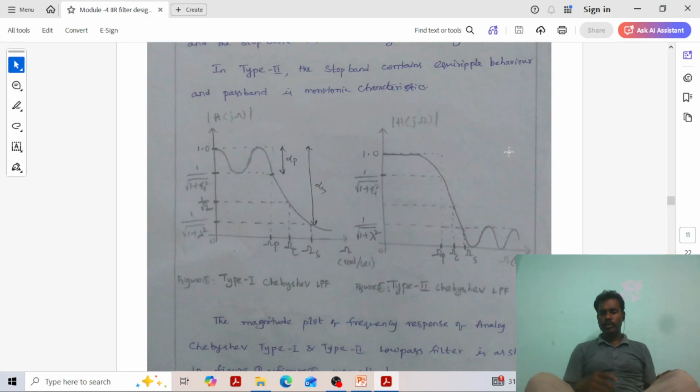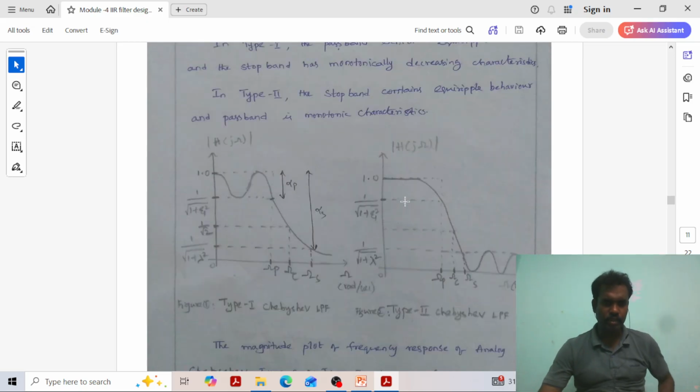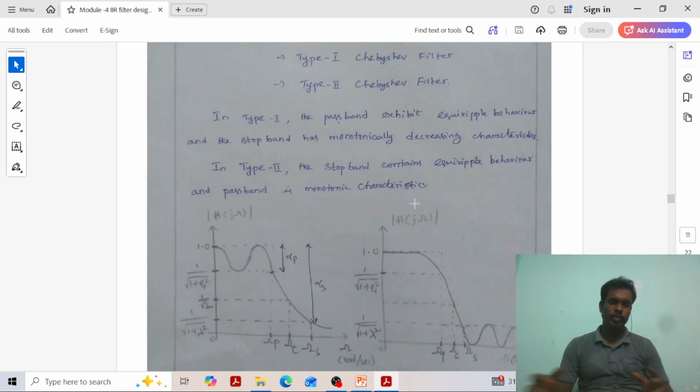So the second type of filter is the Chebyshev filter. The Chebyshev filter is again classified into two types: type 1 Chebyshev filter and type 2 Chebyshev filter. In type 1, it has a ripple, equi-ripple or oscillations in the pass band, but in the stop band there are no oscillations. In type 2, the pass band has no oscillations, but the stop band has oscillations.